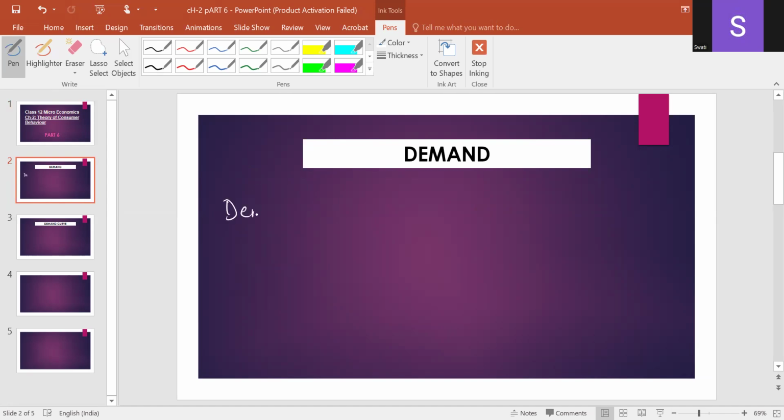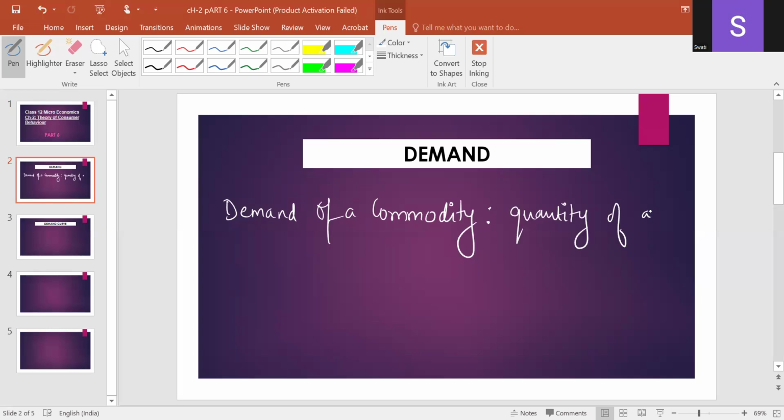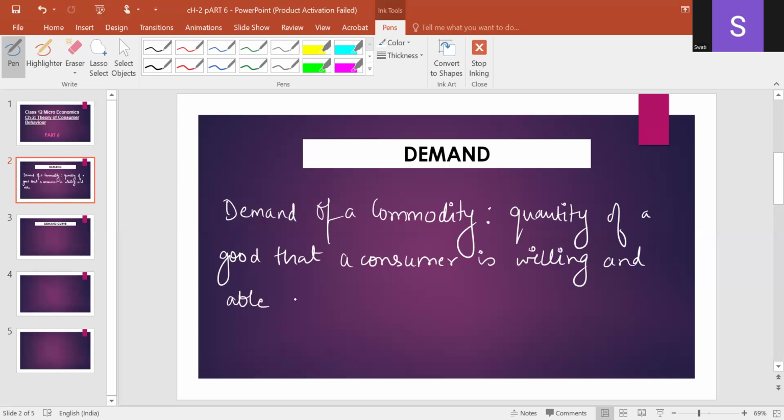So in words we can write that demand of a commodity is the quantity of a good that a consumer is willing and able to afford, given the prices of goods, right?